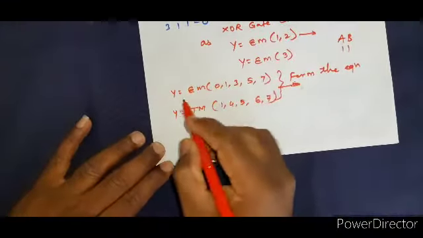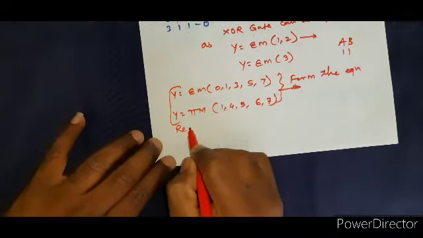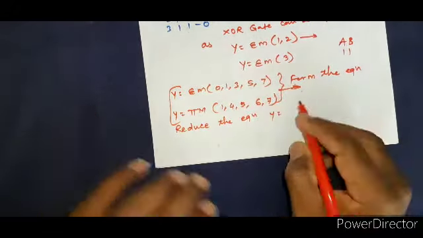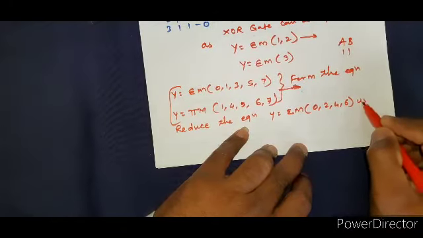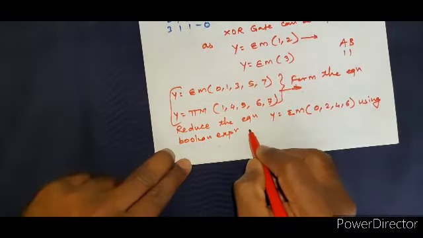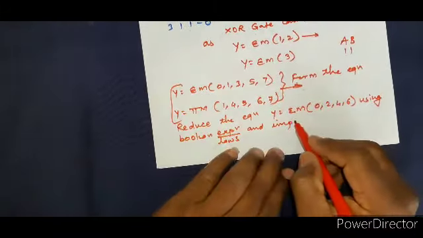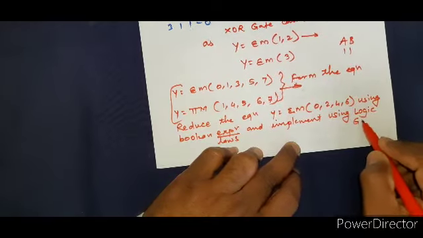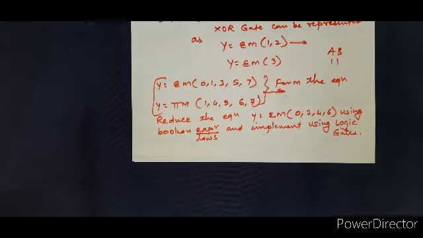It is asked to reduce, so you can try this: reduce the equation y equal to summation of small m 0, 2, 4, 6 using Boolean expressions or Boolean laws, and implement using logic gates. You can try to attempt this question.